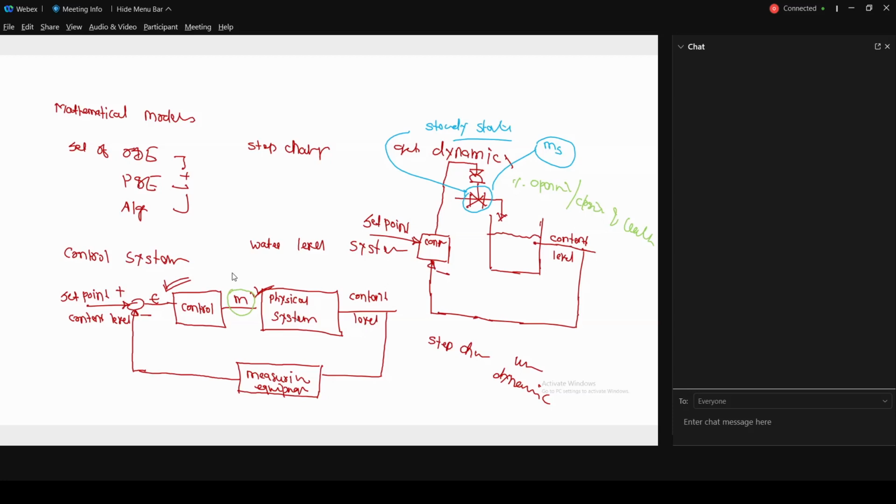The assignment for next week is that every one of you comes up with a physical system which has, let's say, two or three ordinary differential equations. Solve that system in your MATLAB. Keep that program ready.